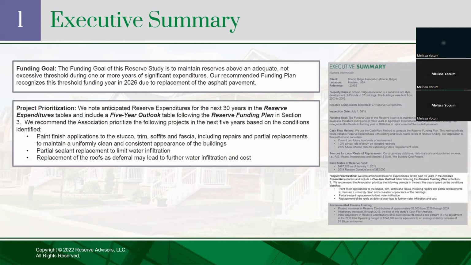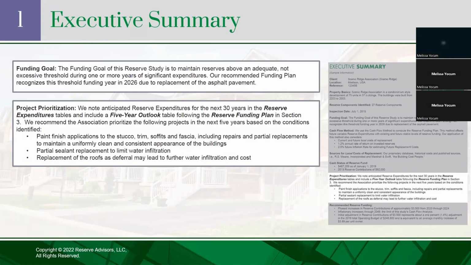This is a little unique to us, where we've developed a 5-year priority schedule. The thought here is that we do want to make sure that you're funding for these components that we anticipate over the duration of the reserve study, which is 30 years. You want to have funds available for those longer duration projects, like maybe a roof replacement.